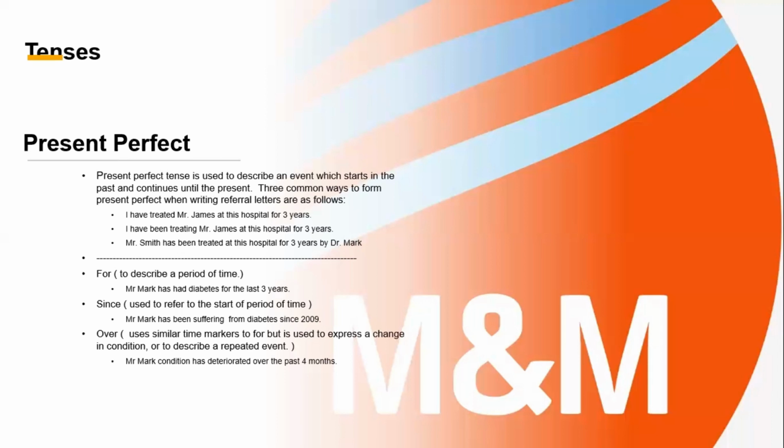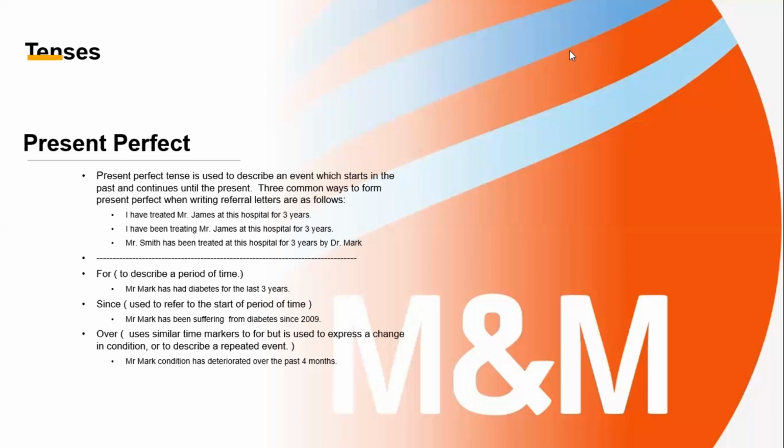Let's say over a period of 3 months, he had visited us 3 times, 4 times, 5 times. It's a repetition event. Over a period of 2 weeks, his condition has worsened. Or we can write it this way when we have to mention the worsening of the condition or the repetition of the event. These are a few examples for over as well.